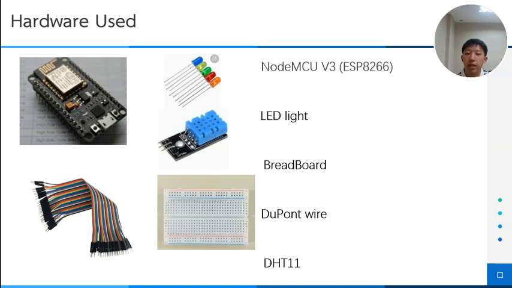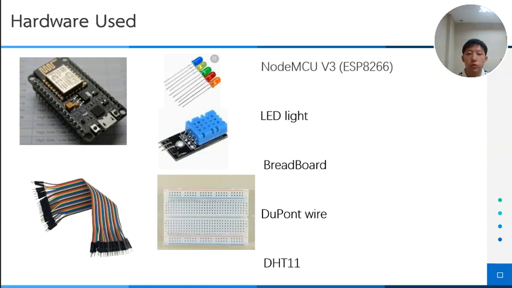White LED light is used to simulate the working state of the refrigeration system. When the system starts the refrigeration mode, the white LED light turns on. Green LED light is used to simulate the working state of the heating system.